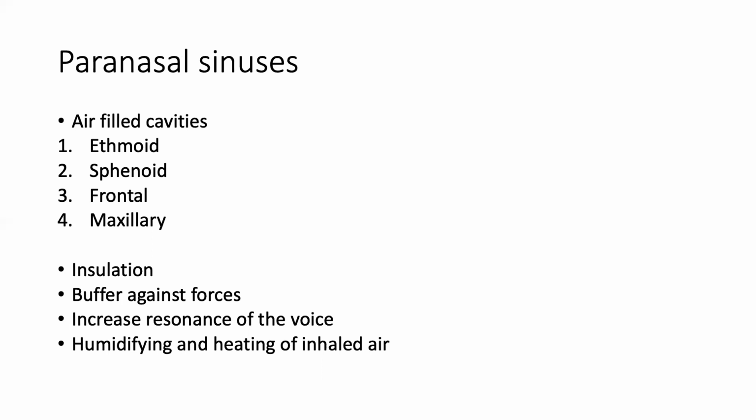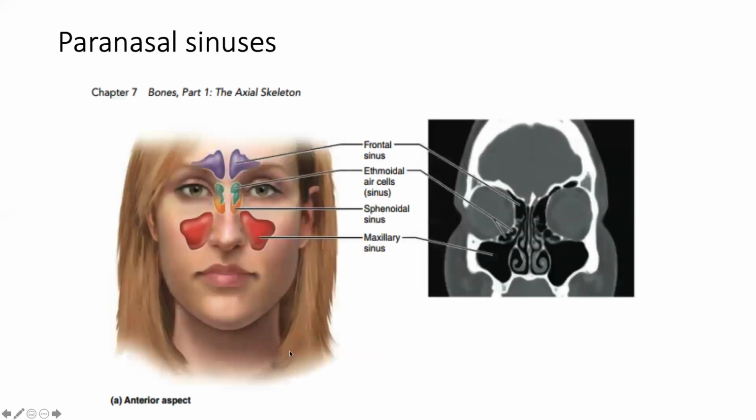Their job is, number one, insulation and to buffer against forces, to lighten the head and face and cranial cavity, increase the resonance of the voice, and it also humidifies and heats the inhaled air. So these are the paranasal sinuses.